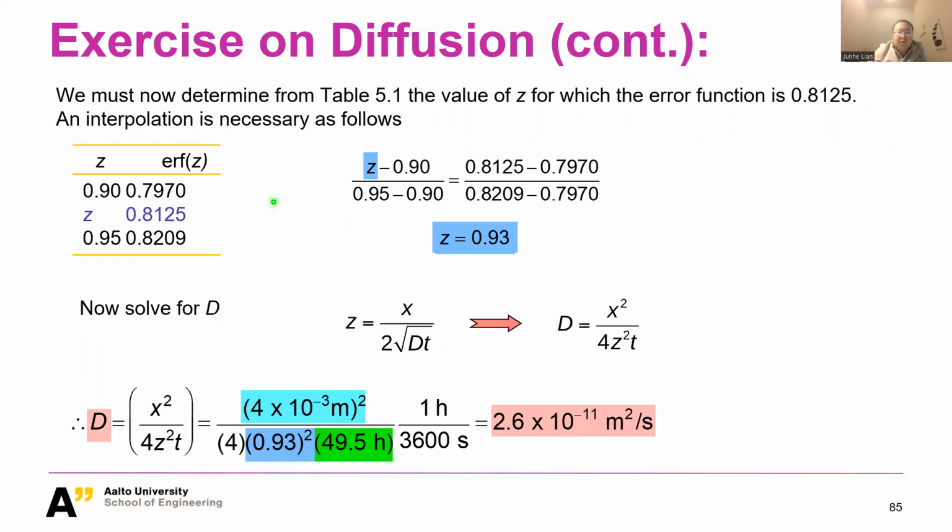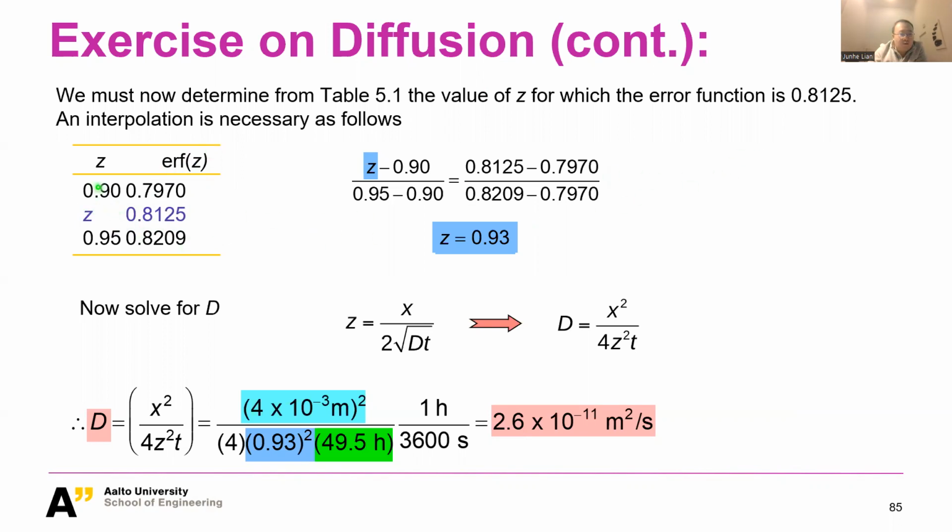If you apply this equation forward, usually you find your z, and you find out what is the error function of z. Now you know the error function of z is 0.8 something, and you want to get the z. Actually, here's a little bit of a trick.